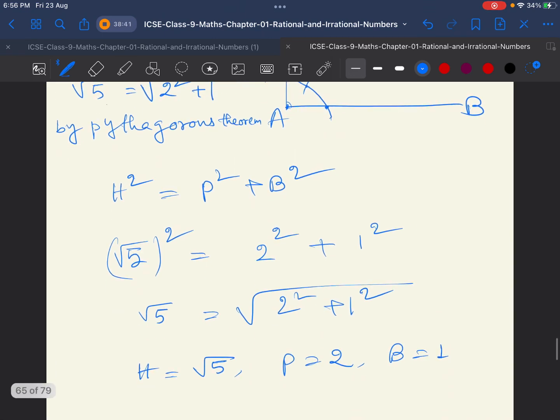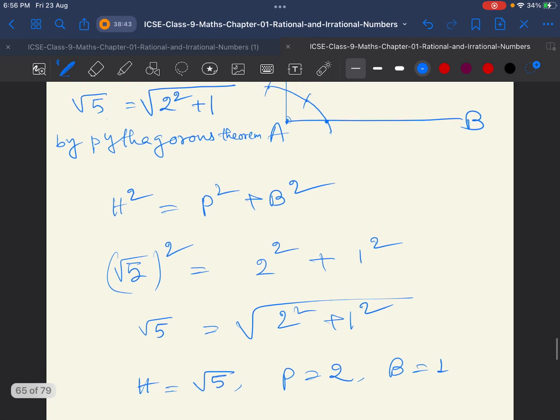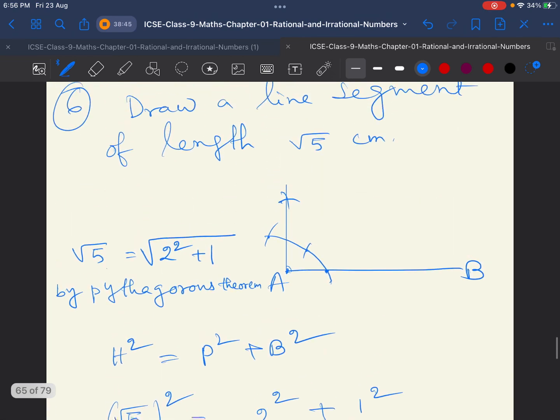Okay, so now we take a length of 2 centimeter. This is 2 centimeter. From here we cut this length 2 centimeter.